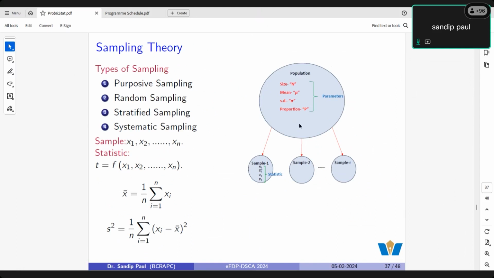For this we have an option to go and knock on every door to take the information, or we can take a very small portion of the entire thing to study, and then we can say something about the population.